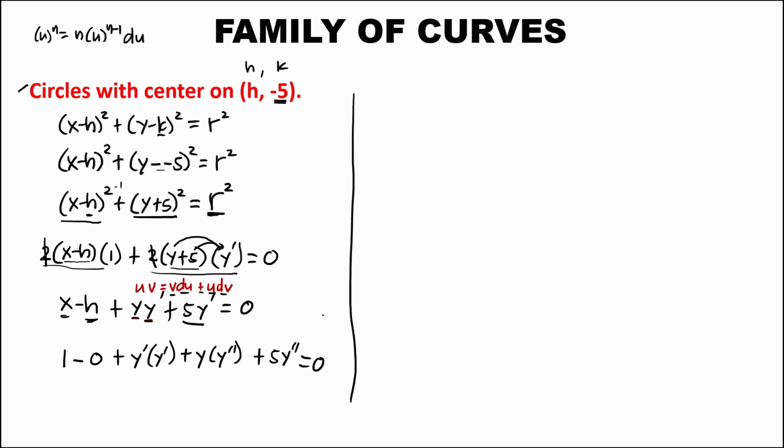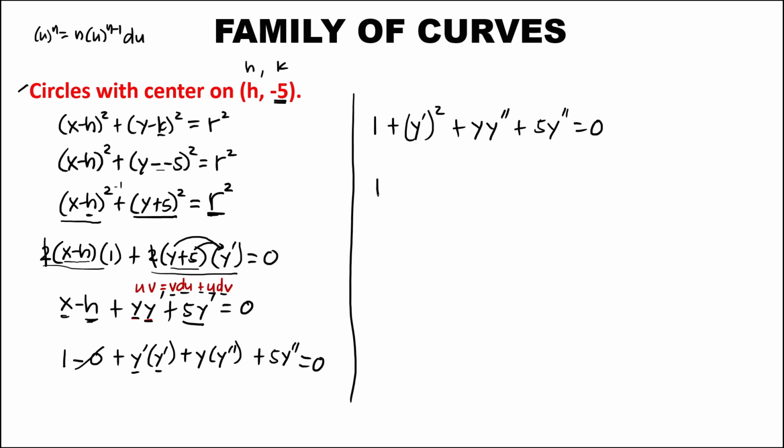Then to simplify, we have 1 plus y prime to the power 2, plus y times y double prime, plus 5 times y double prime equals 0.